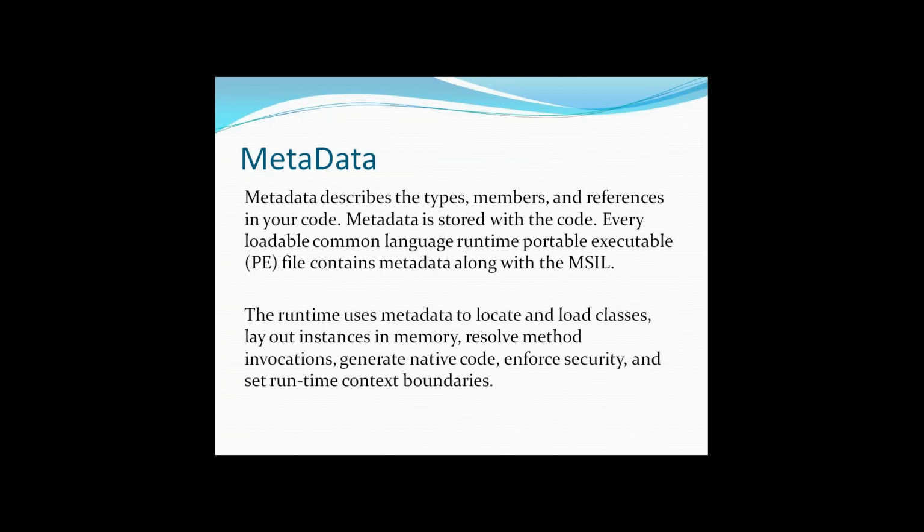So that is called your metadata. So during your compilation, metadata also would be created along with your MSIL, and that would be saved along with your MSIL in your PE file or portable executable file or your assembly. Making sense?